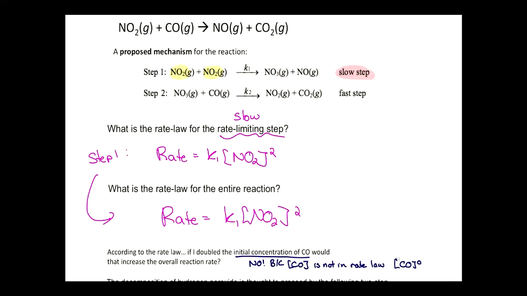So CO's concentration is not going to affect the reaction rate, because it's not inside the rate law. Just like we said before, we determined that CO is 0th order, and the reason is because it shows up in the fast second step. So its concentration doesn't really matter. It just has to be present in order for that second step to happen because it's so fast.